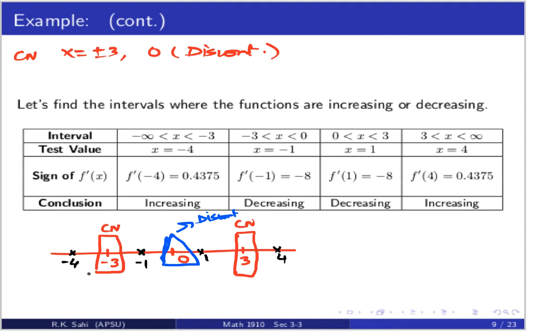So what we're going to do is evaluate the derivative. Very important, it is the derivative at -4, the derivative evaluated at -1, the derivative evaluated at 1, and the derivative of this function evaluated at 4. So when you evaluate the derivative at -4, it's a positive number. That means the function is increasing.